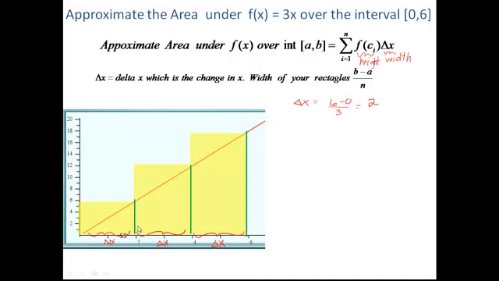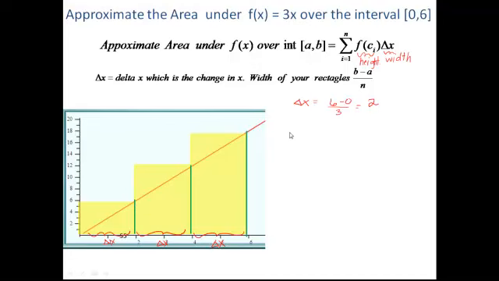The heights that we're interested in are at these right endpoints that we've decided to use. Because the widths are separated by these delta x's, which are widths of 2, what I'm really interested in is f of 2, f of 4, and f of 6.